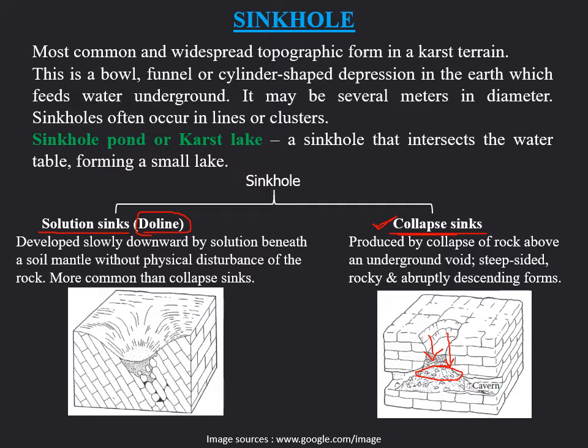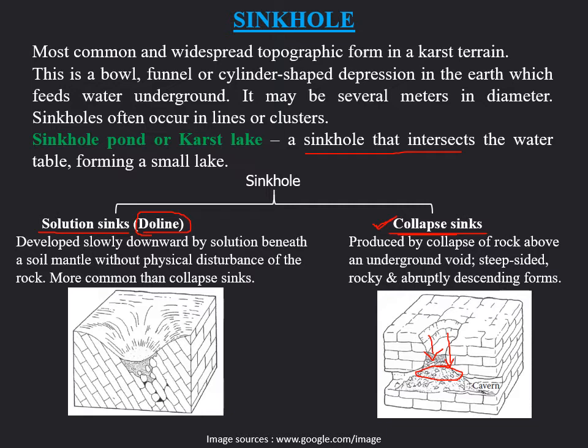Now at times, it is found that these kinds of sinkholes, whether produced by solution or by collapse, intersect the local water table. So the sinkholes are filled with water.